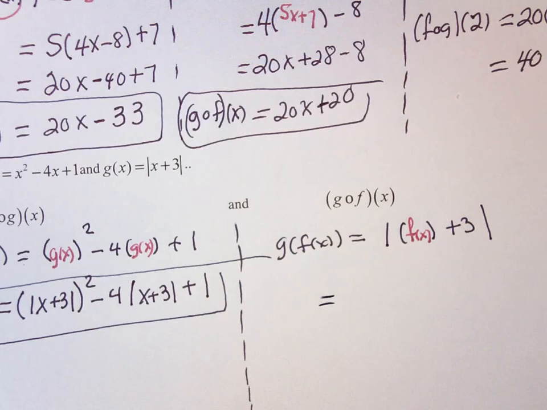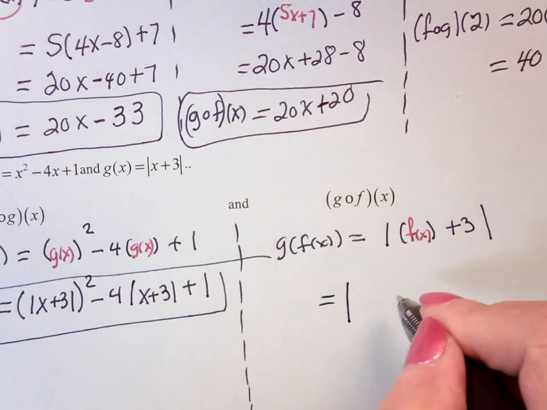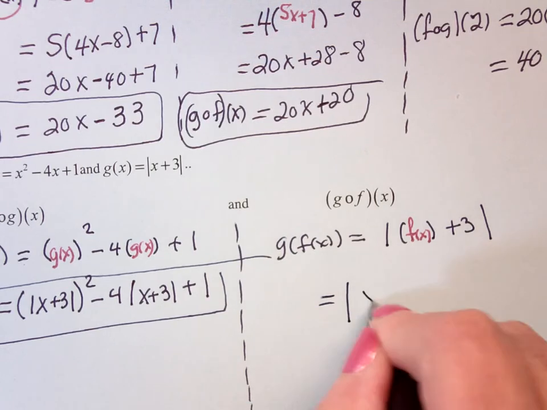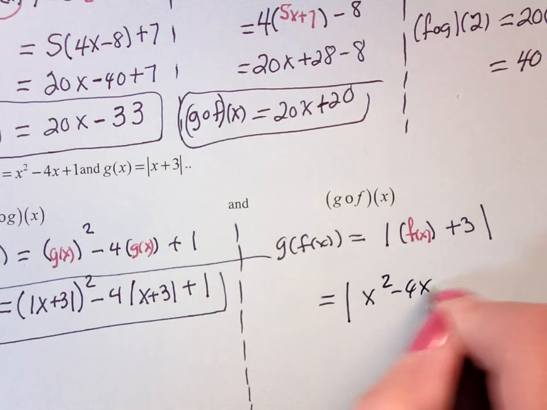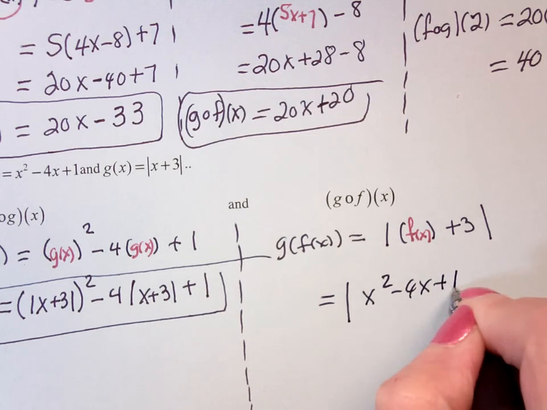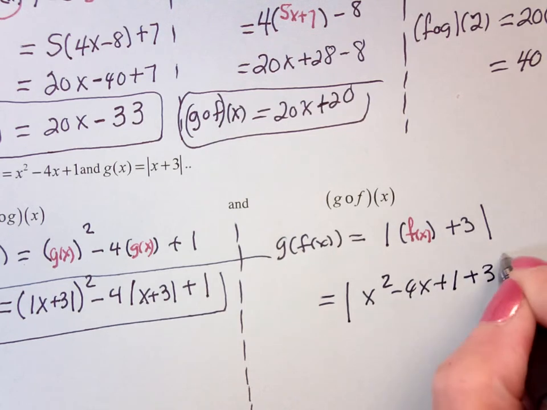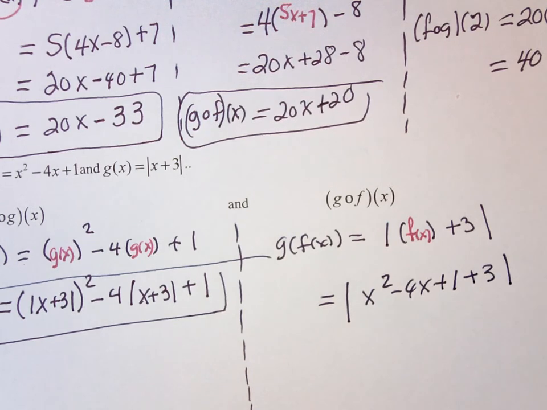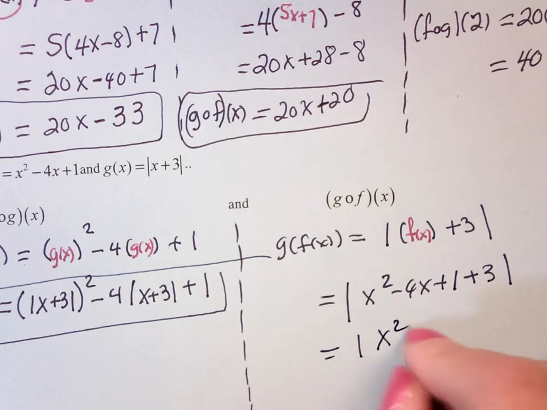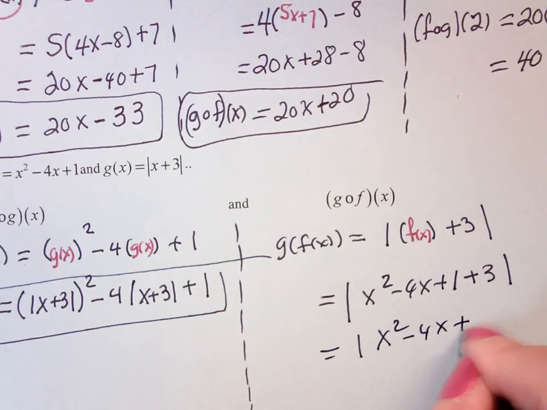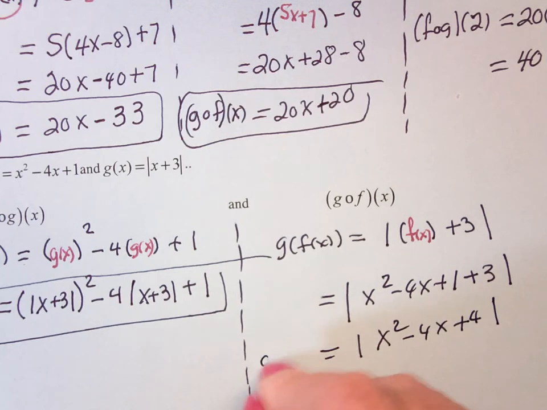So this becomes the absolute value of f of x, which is x squared minus 4x plus 1, plus 3. I can combine like terms in this instance, x squared minus 4x plus 4. And then that's it. That's all she wrote. And that's what g o f is.